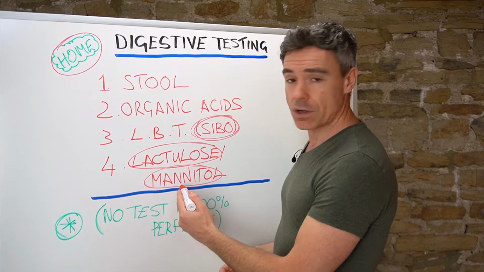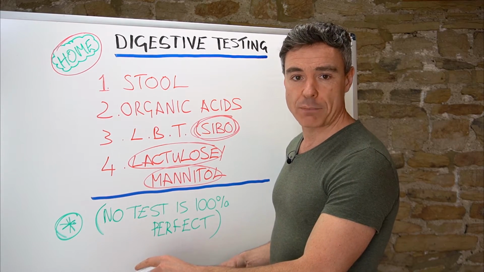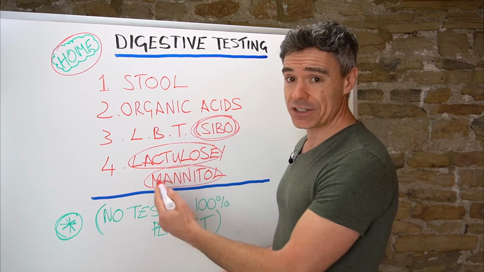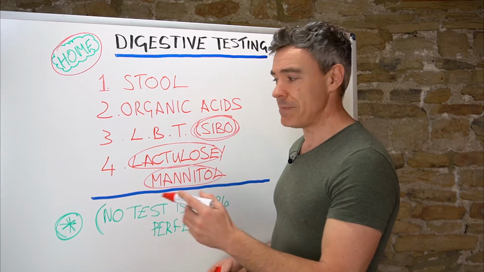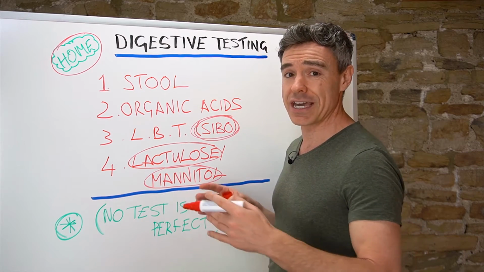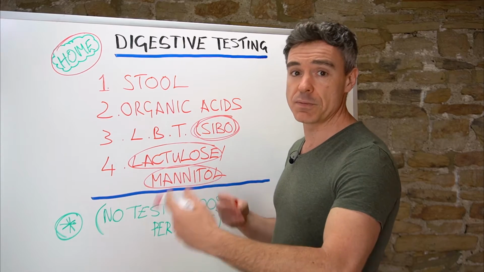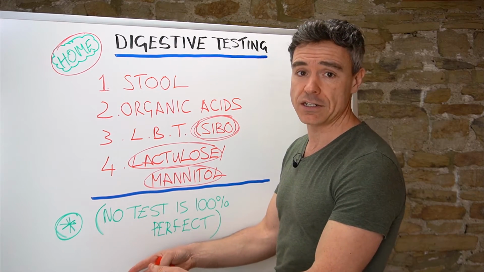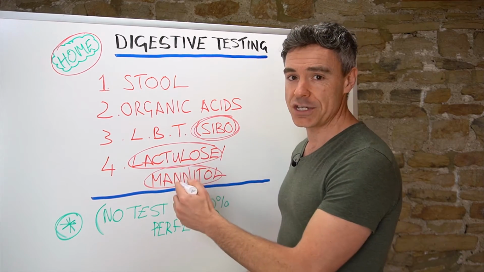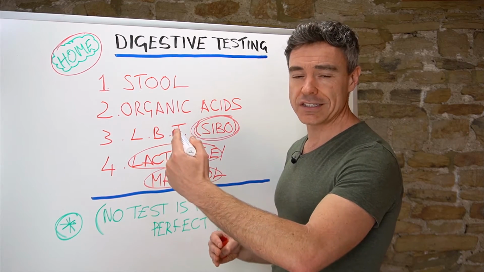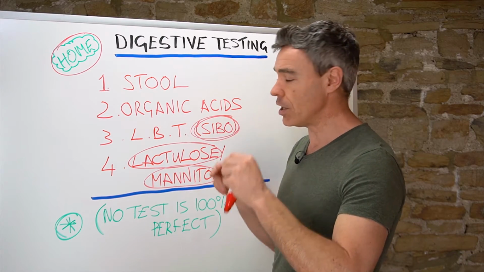So you're going to have mannitol in the urine when you take the sample anyway. But if you have lots of lactulose in the urine sample, it means that those larger molecules are somehow getting through into your bloodstream and then are having to be processed by the body and then leave the body in the urine. And that would give you an indication that you have this increased intestinal permeability or leaky gut.